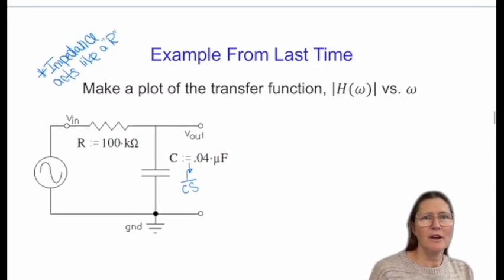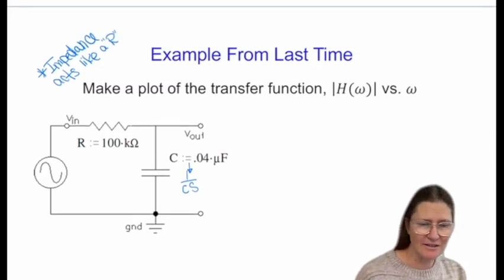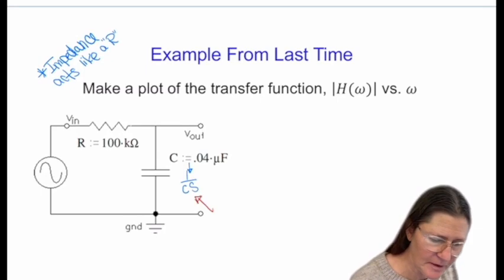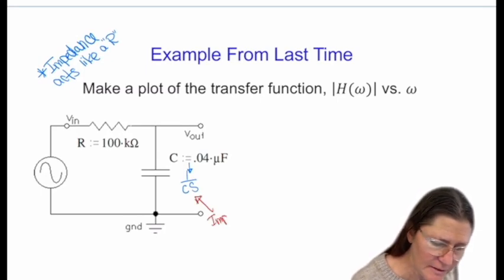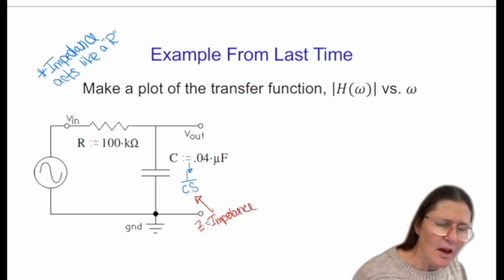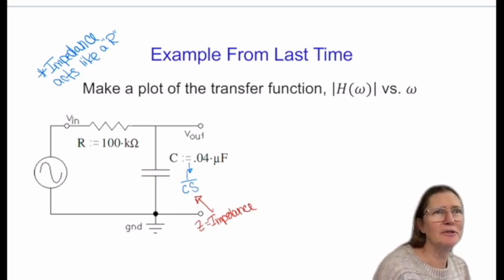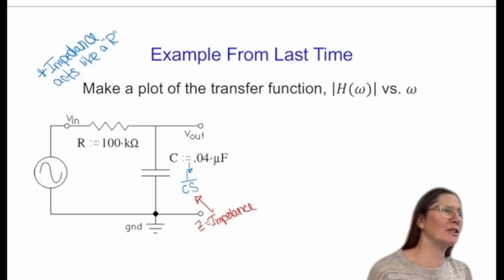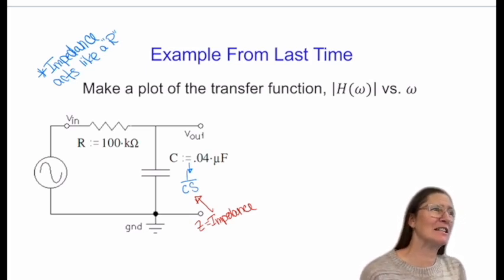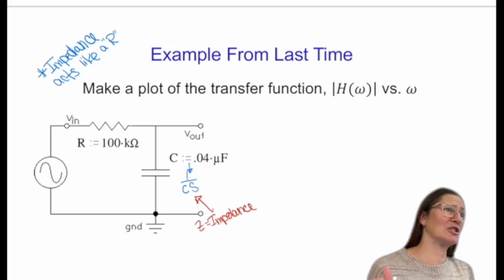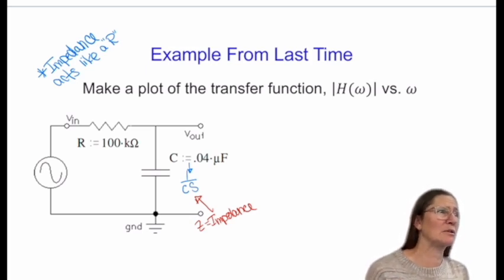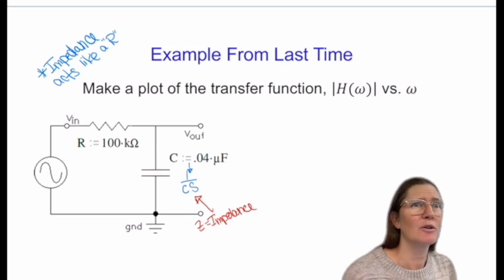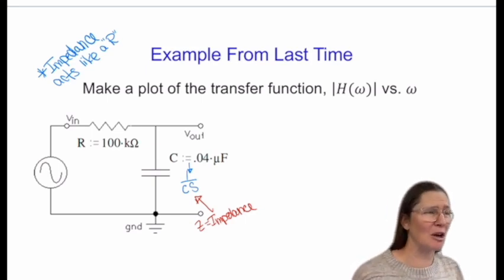The word for the 1 over CS is impedance, and we usually use Z. So we'll use the variable Z instead of R. R is for a real valued resistance, and Z will mean that it's an impedance, which is, treat it like a resistor, but it has a complex component to it. So it has that j in there, or S. S is equal to j omega.